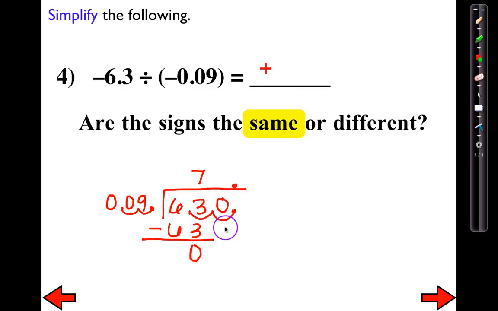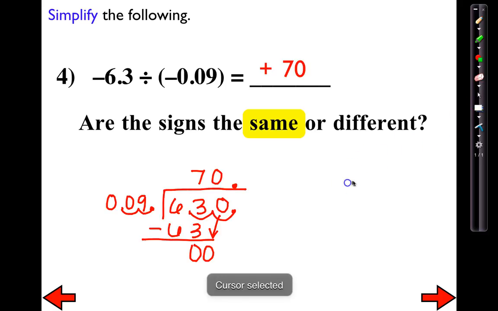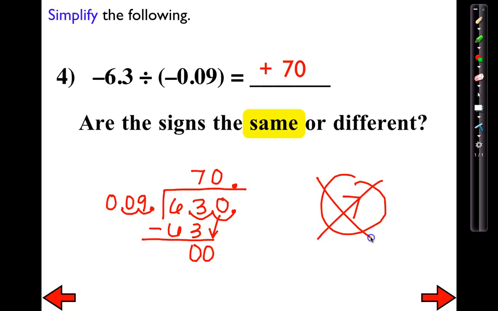A lot of you are going to want to stop at this point. However, you have to be careful. Notice there's a 0 to drop down. So you're not done. How many times does 9 go into 0? You're going to say 0 times. So my final answer would be positive 70. But again, the most common mistake is students will write that it's a 7, and that is incorrect.